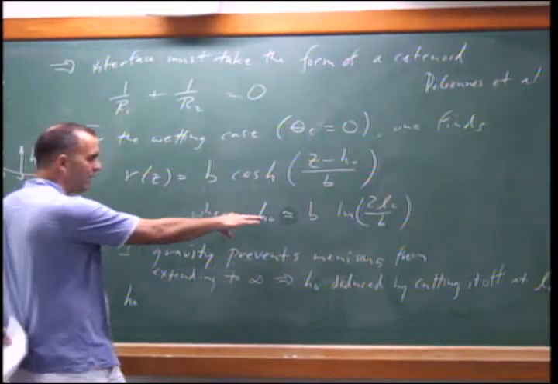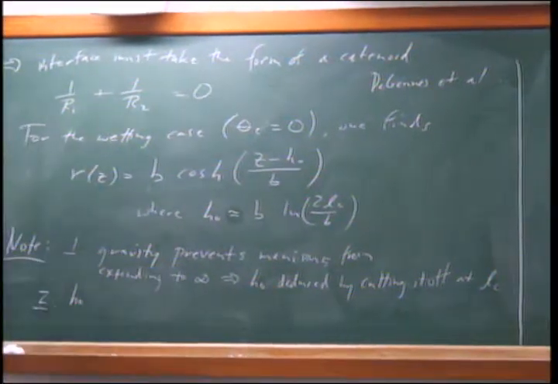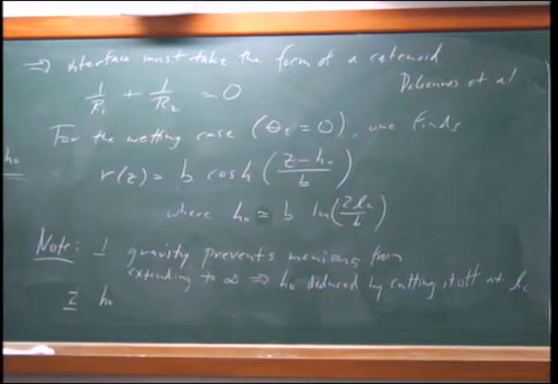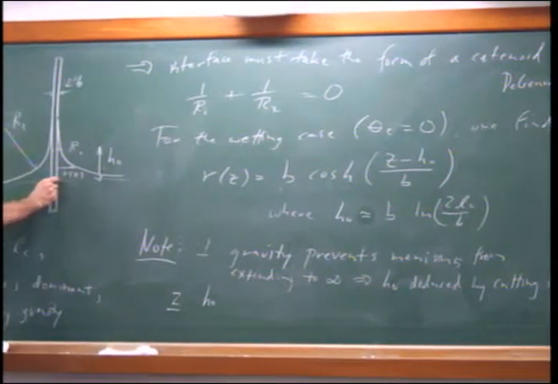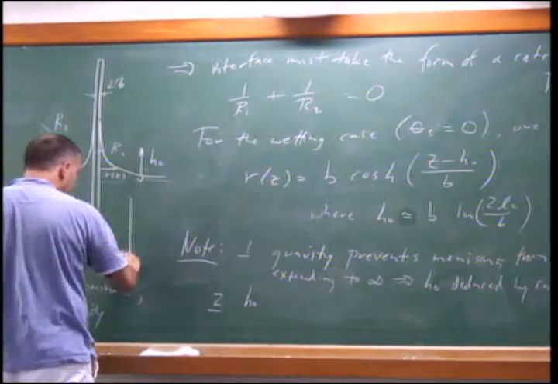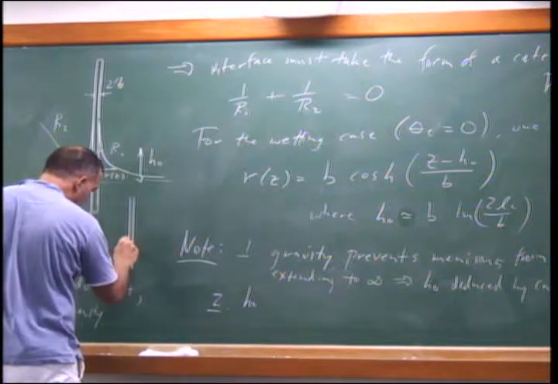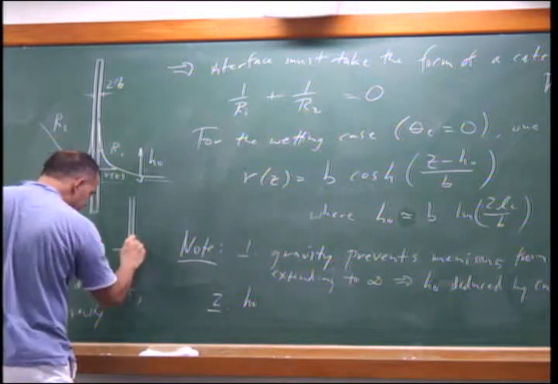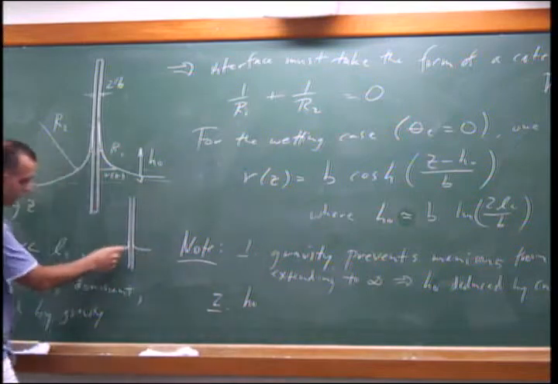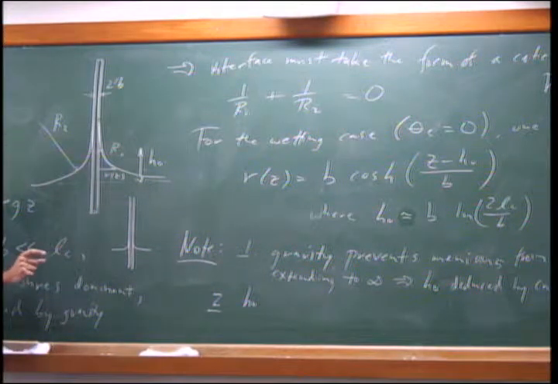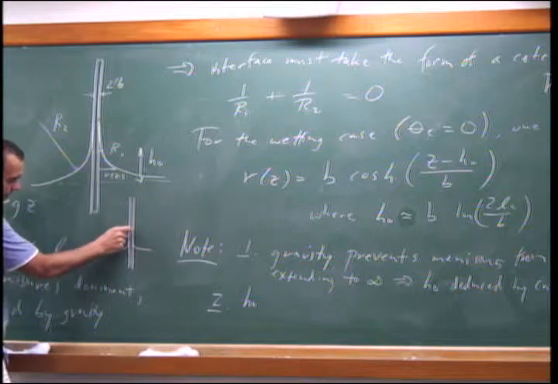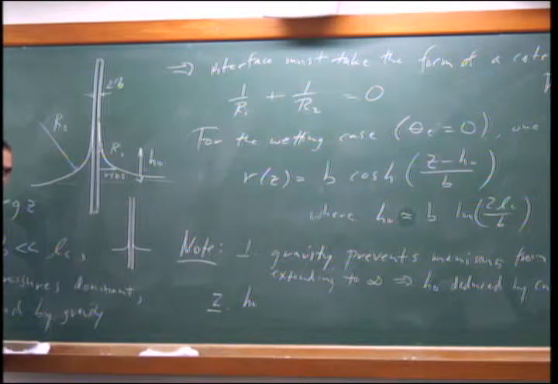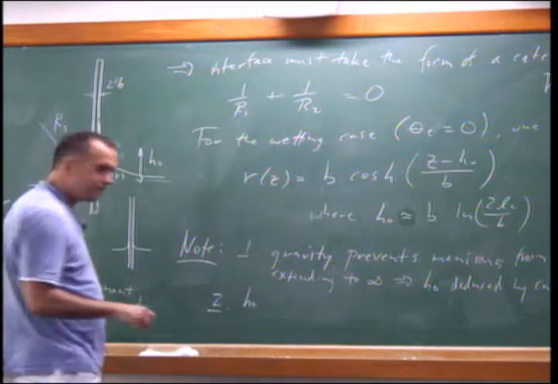So basically you get something on the order of B, right? So the vertical extent is comparable to this. So it's really a localized feature. It's really like this, right? So the meniscus on a fiber scales with the fiber thickness rather than the capillary length, right? Because the curvature can't be balanced by gravity, it can only be balanced by the other curvature.